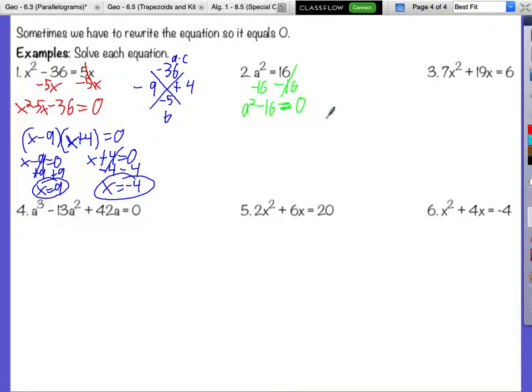Now does this look a lot more like what we had last page? Yep. We just added in that first extra step of subtracting 16. Here we subtracted 5x. Second one we subtracted 16. I want you guys to finish solving this on your own.